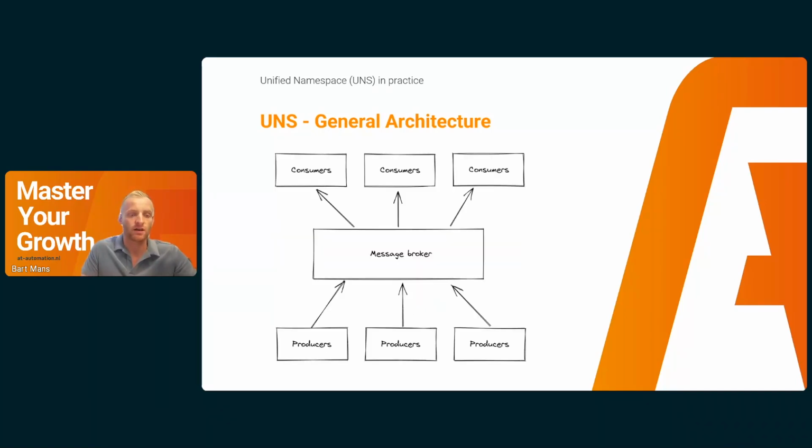So let's take a look at a more technology architecture. How the UNS generally works is that we have a message broker in the middle. This message broker gets messages from producers, which are clients that produce data, and consumers are asking the message broker for updates. So the consumers are actually asking the message broker for values.